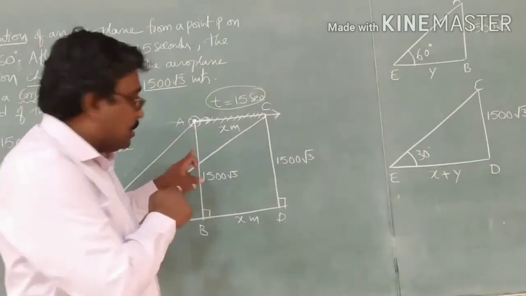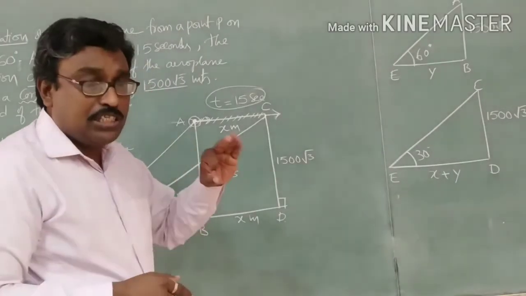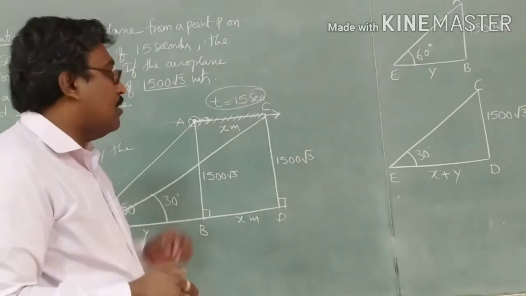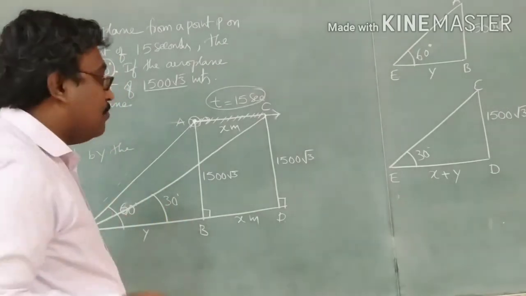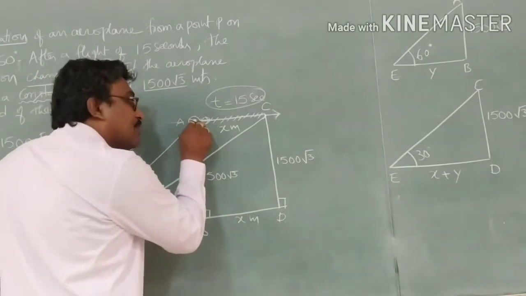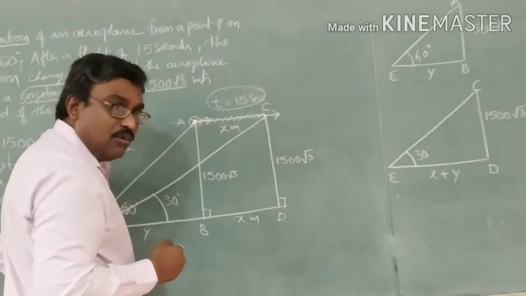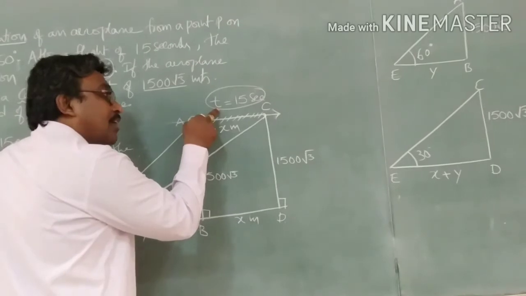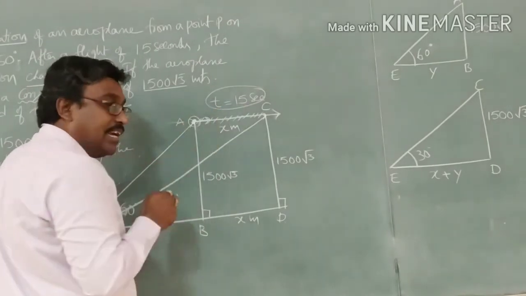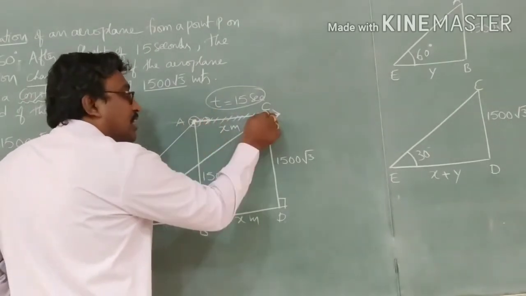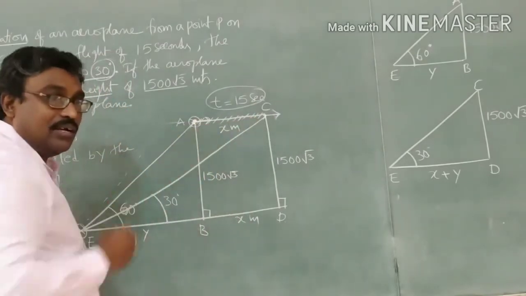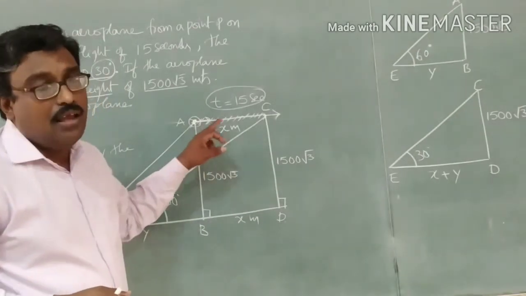Now, as per the question, we need to find the speed of the aeroplane. Speed is equal to distance by time. How much distance has it traveled from A to C? X meters. Just now we got X is equal to 3000 meters, within a time of 15 seconds. So what is the speed of the plane?